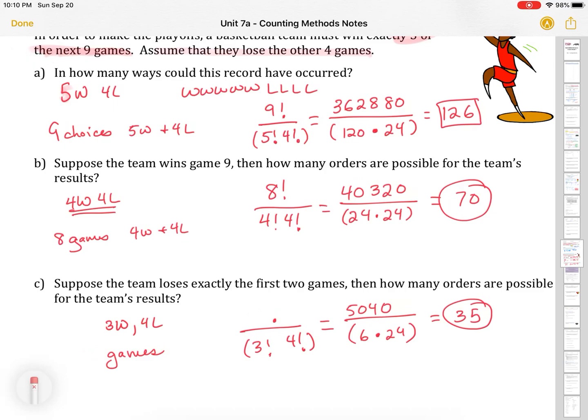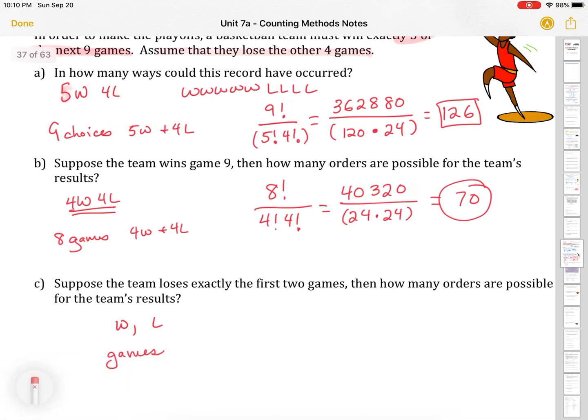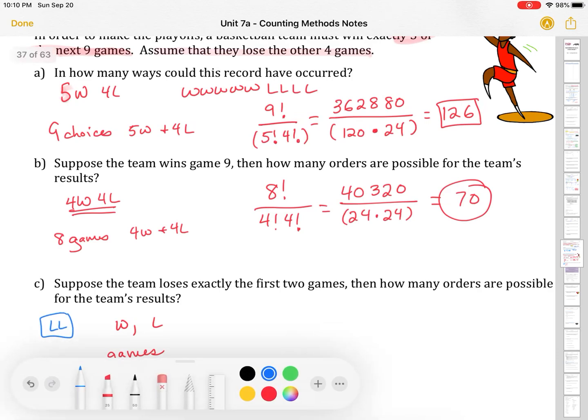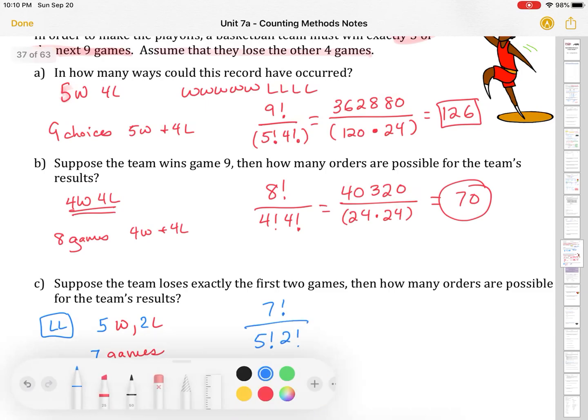Oh, wait. I read it wrong. They lose the first 2. I'm sitting there looking at it going, what? Never mind. I've got to redo this, right? Ignore that. They lose. I read wins. So let's fix that. So what did they really do? Okay. They had a loss and a loss for the first 2, right? And then that means they have their 5 wins, and then they have 2 other losses, but we're only concerned with the 7 games at the end.